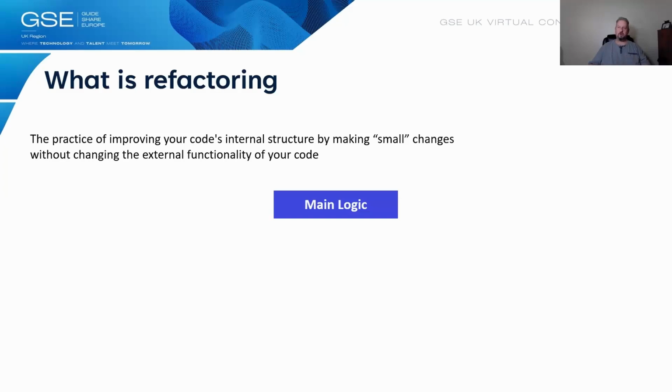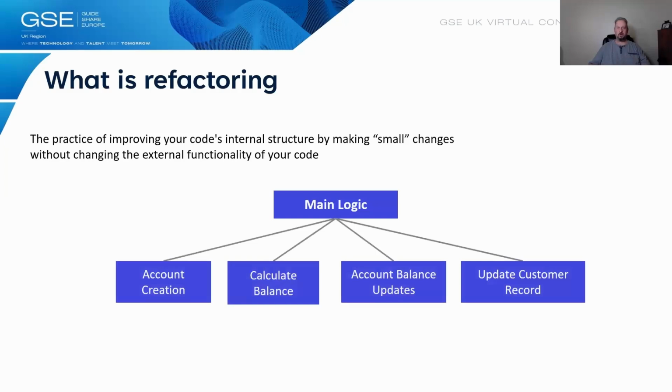Let's say I took my program and broke it out into separate modules. I took that main logic you saw in the previous couple of slides and broke it out: account creation would be a separate module, calculate balance a separate module, account balance updates a separate module, and update your customer record a separate module. Now I've taken that giant monolithic program and broken it out into smaller components based on functionality.